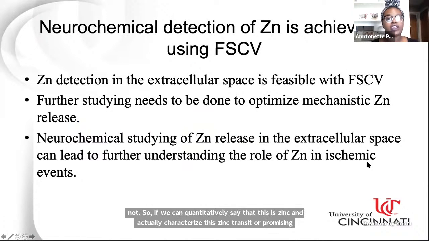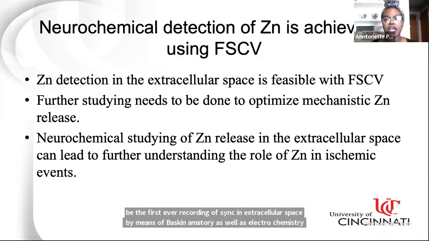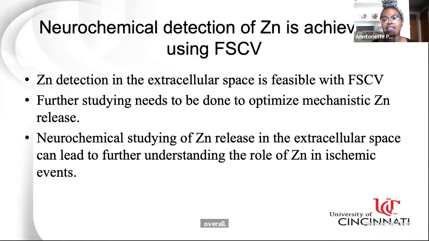So in conclusion, this neurochemical detection of zinc is feasible using FSCV. Now we do have our promised zinc peak that was preliminary, and we have to further characterize to validate that this is an actual zinc transient. So for that, we will have to do pharmacological methods like blocking zinc receptors within the hippocampus to make sure that what we're seeing is an actual zinc transient.